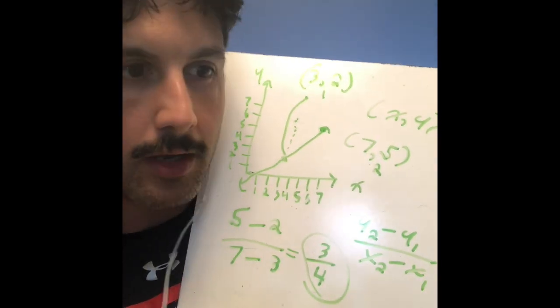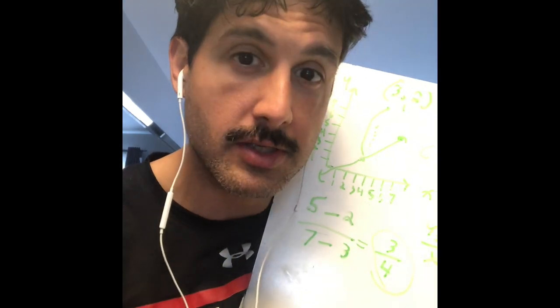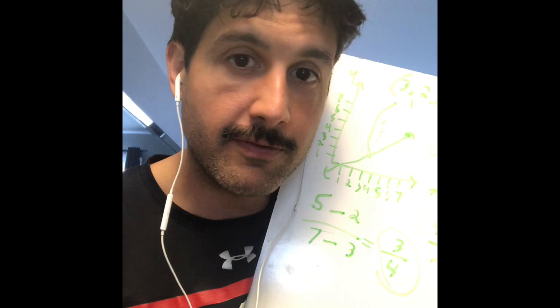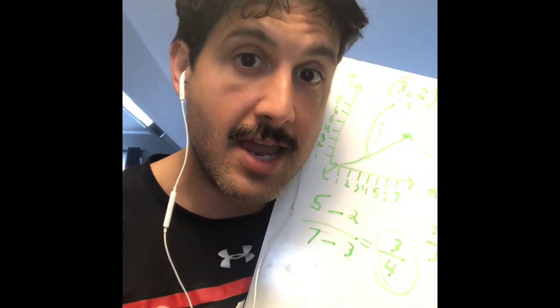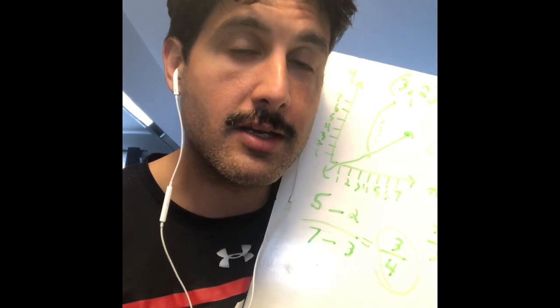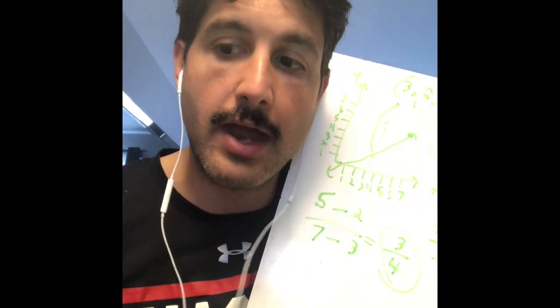So a couple different ways of calculating slope. You can do it using a table of values. You could do it in a graph. If the rate of change is the same in a table of values, that's the slope because it's a straight line. And in a graph, if it's a straight line, then rise over run works, and that'll give you slope.